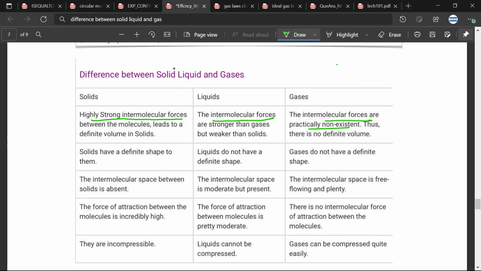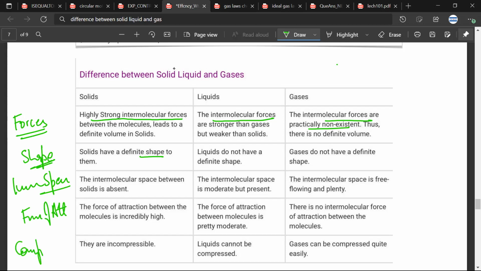No doubt, sir. In terms of shape, you can define. See, when you have to write maybe in your exam, in terms of the forces, this is a difference that you can write. In terms of shape, these are the differences that you can discuss. In terms of the intermolecular space, these are the differences you can write. In terms of force of attraction, these are the differences that you can write. And in terms of compressibility, these are the differences that you can write. Mr. Ariman, do I need to explain these?